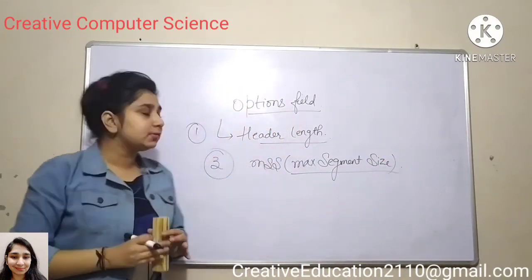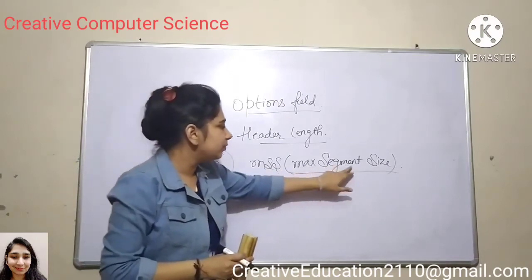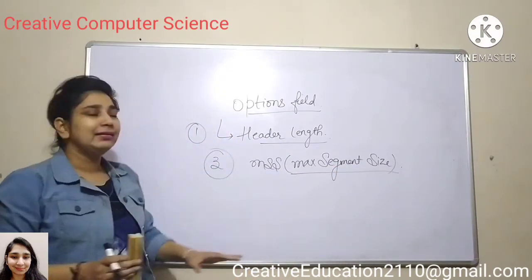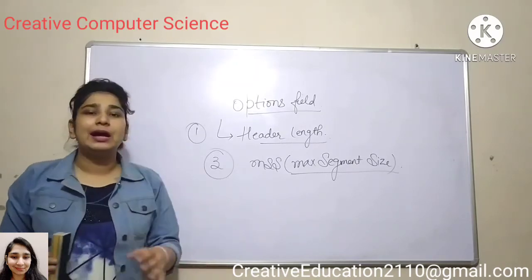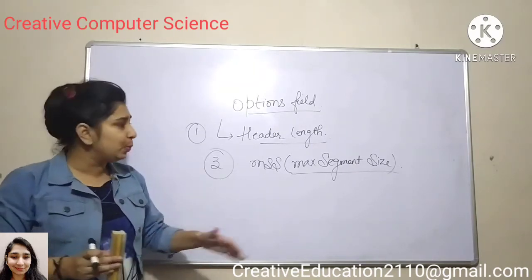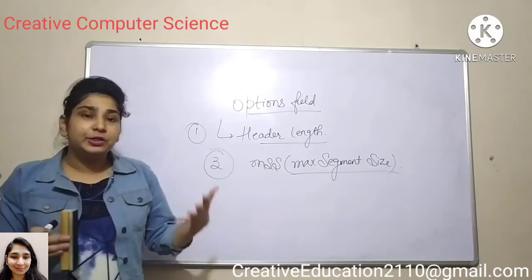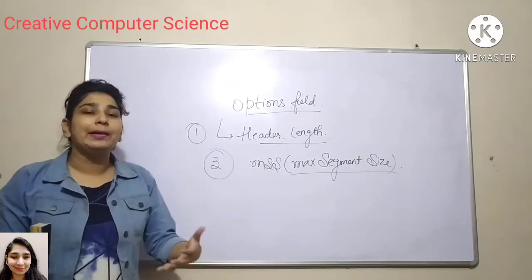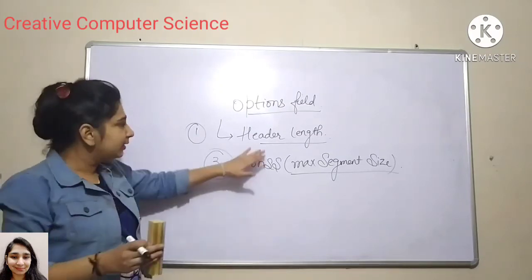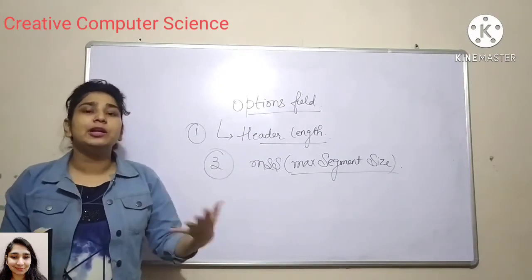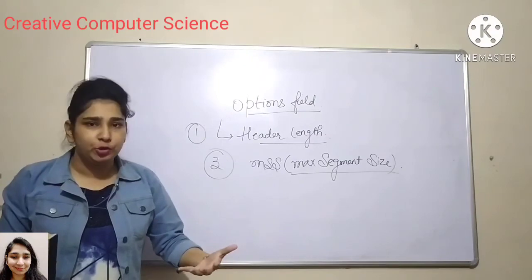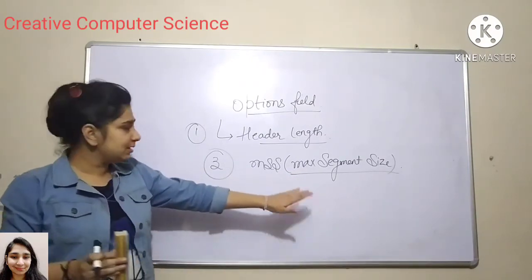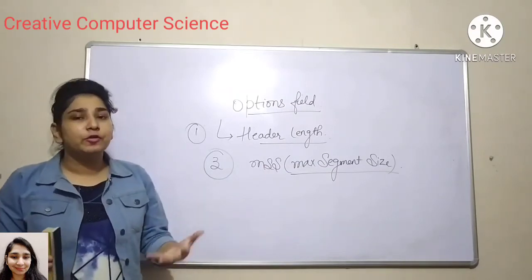When sender and receiver are going to establish a connection with each other, they need to define the segment size, that is, one packet size. Advertisement window size is the total number of packets you can keep in your buffer, and segment size is the size of your packet.